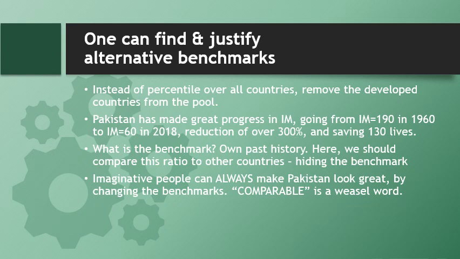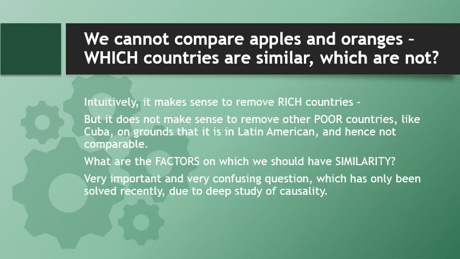So intuitively, it makes sense to remove the rich countries, because the rich countries have different characteristics from Pakistan. But suppose somebody argues that we shouldn't put Cuba into the comparison group because it's Latin American. So is that reasonable? What are the factors which make countries similar, which make them apples and not oranges?